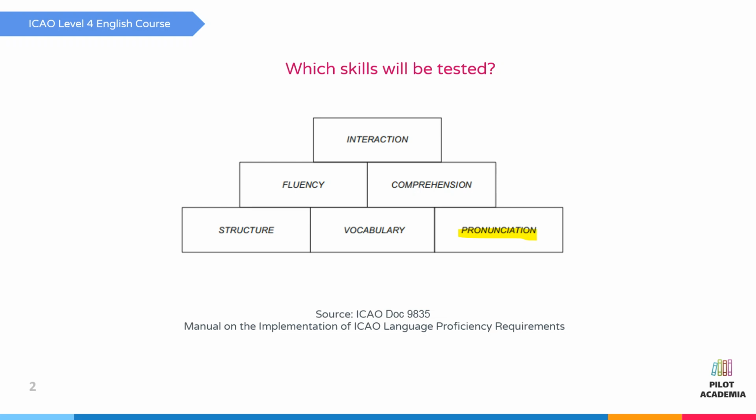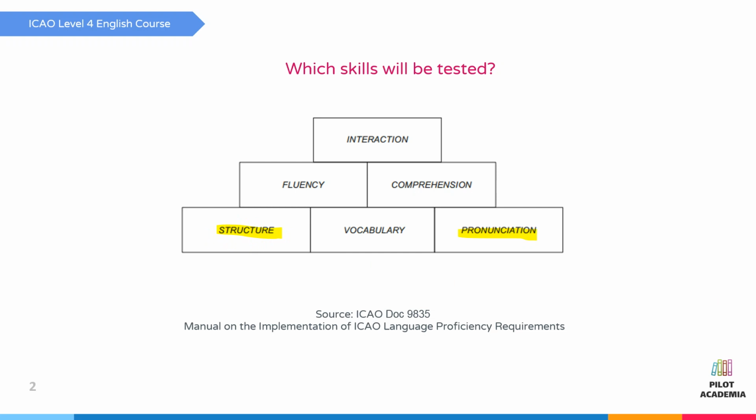Let's have a look at the structure, which is grammatical competence. These structure parts basically focus on the discovery of grammatical rules by presentations and explanations by induction, productive use of structures in isolation, and productive use within context. Okay, so we understood that the structure part mainly focuses on the grammar.